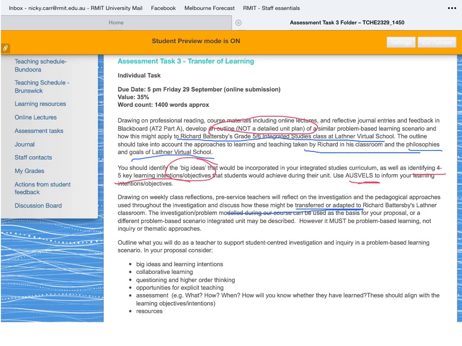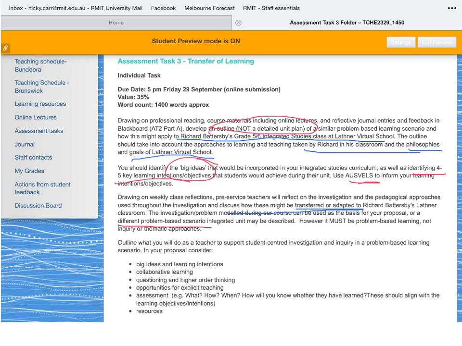If you want, you may in fact choose a completely different problem-based learning scenario. It doesn't have to be the same scenario that we used, but it may well be. There's no advantage in choosing one over the other.